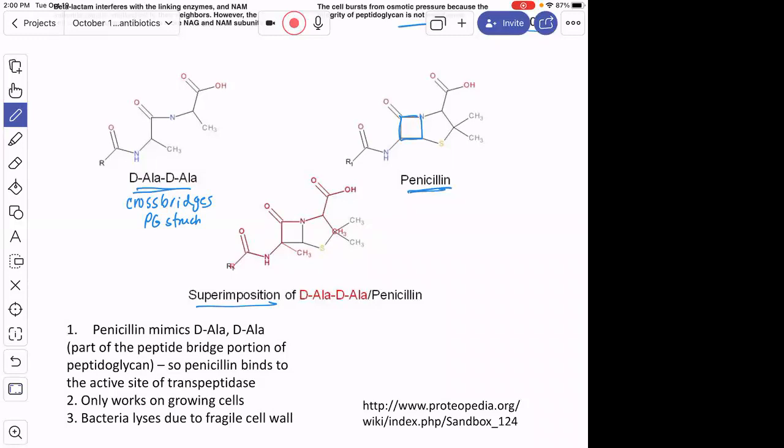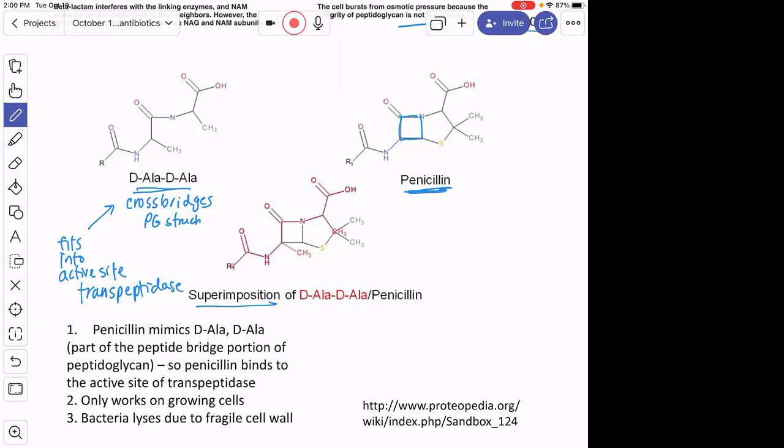All right, that's important because this D-ala, that's what fits into the active site of the transpeptidase enzyme. Okay, so instead of those amino acids fitting into the active site, penicillin fits in there instead. So that's basically a competitive inhibitor.